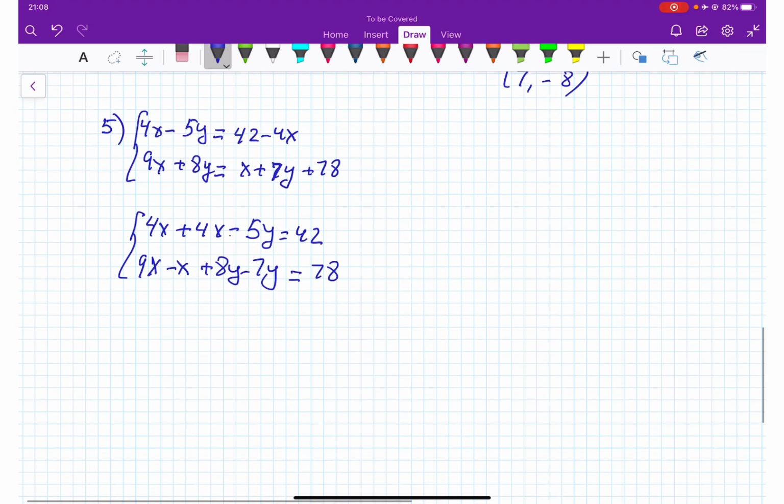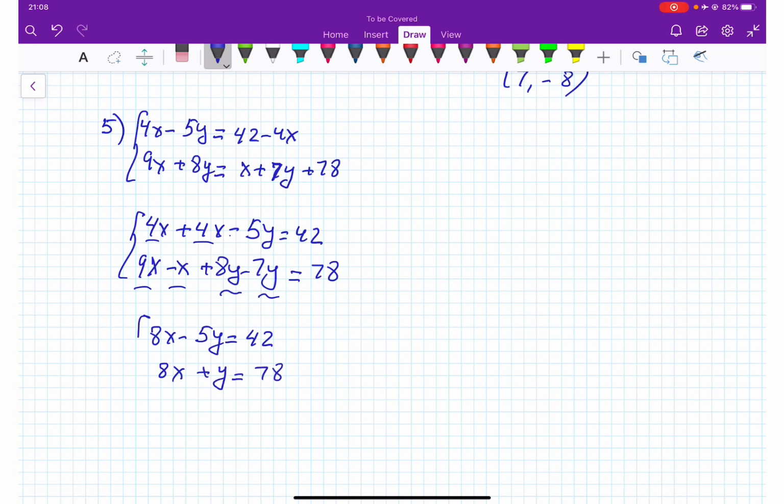Now let's combine like terms: 4x and 4x, 9x and x, 8y and negative 7y. So we are getting 8x minus 5y is equal to 42, and 8x plus y is equal to 78. There we go.